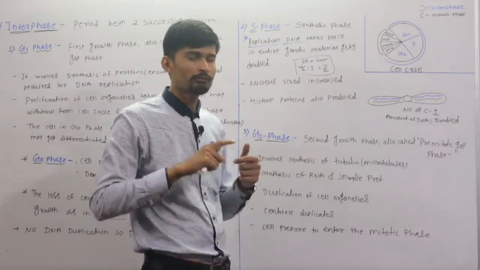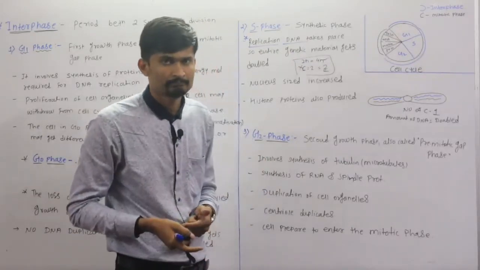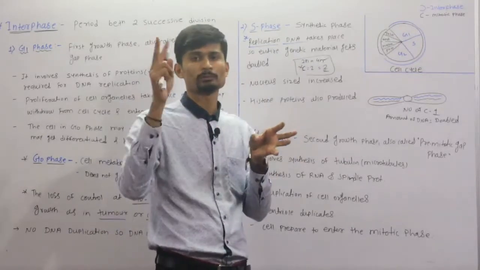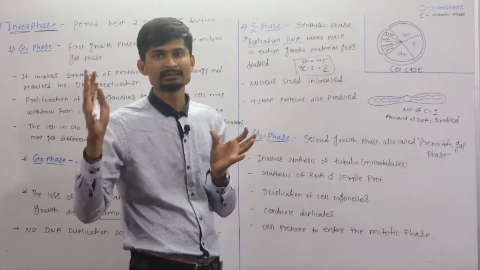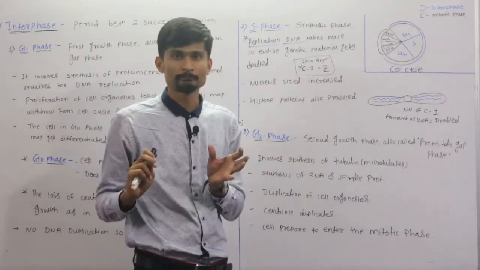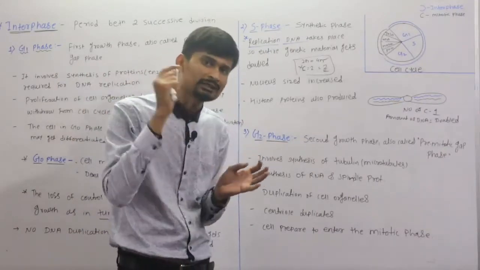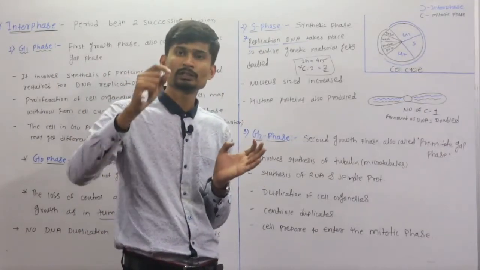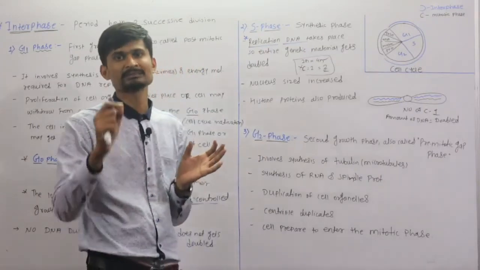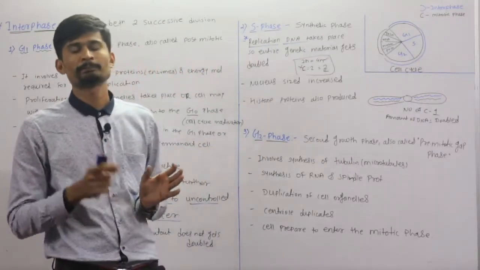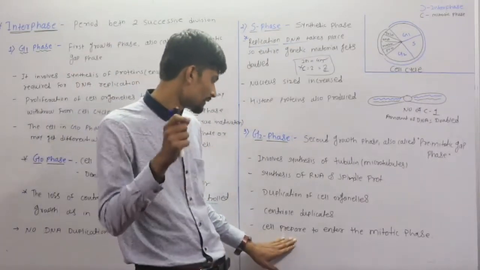For division we require a double amount of DNA, because from one cell there is a formation of two cells. So we require the genetic material in the other cell also, and we also require the cell organelles in the other cell. That's why the interphase is a preparatory phase.